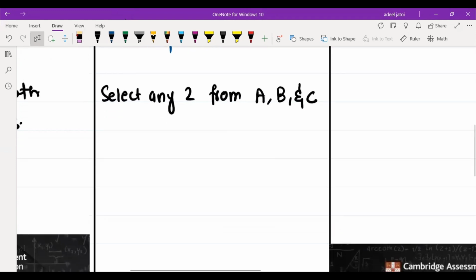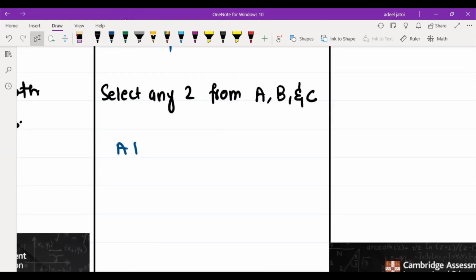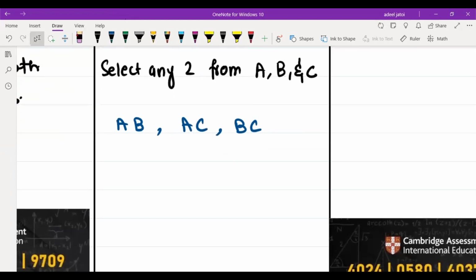So if I'm just selecting, I can select AB, or I can select AC, or I can select BC. I do not see any other possible way to select two alphabets out of three. That can be AB, AC, and BC. But what actually am I doing? I'm selecting two alphabets out of three.